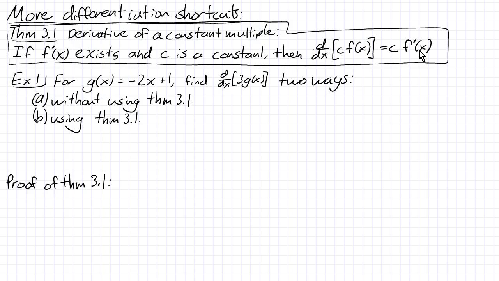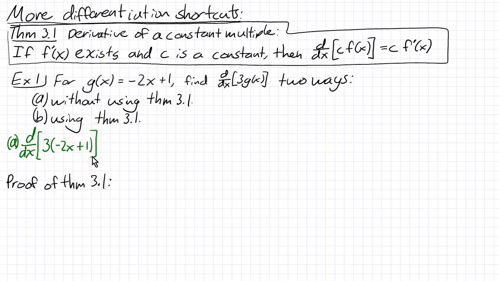So we're going to actually do this problem two ways. You don't need to pause it for this unless you really want to, because I'm just going to explain it here. So for part A, without using theorem 1, when the function that we're taking the derivative of is 3 times g of x, then I can just rewrite that as 3 times negative 2x plus 1.